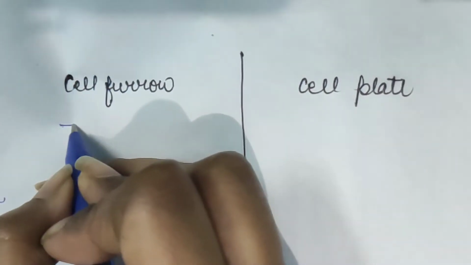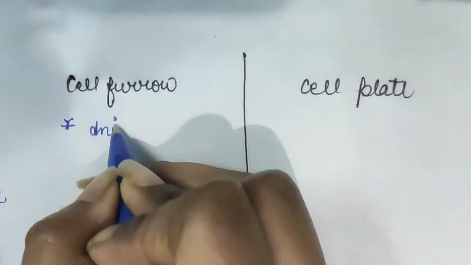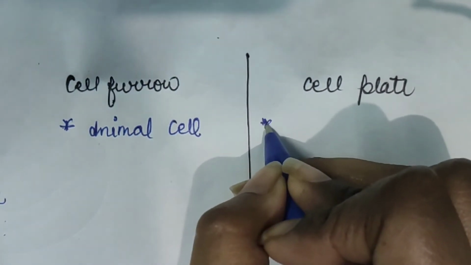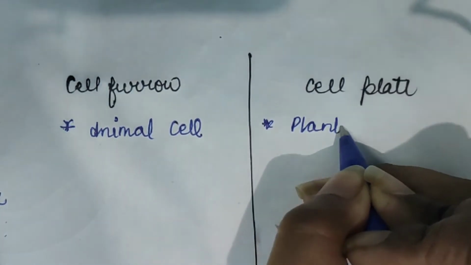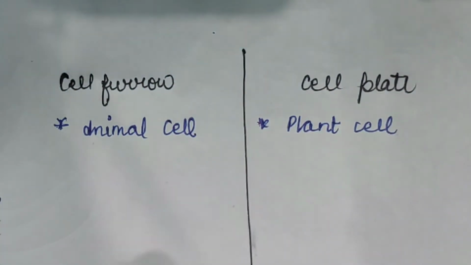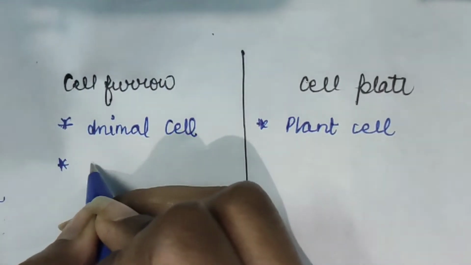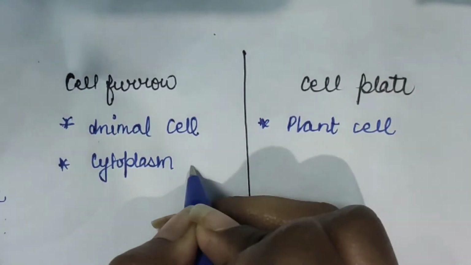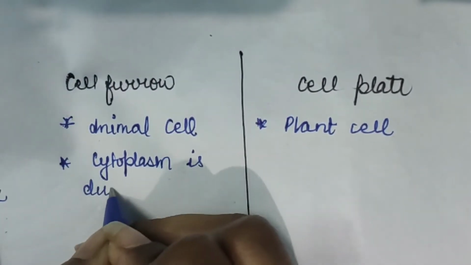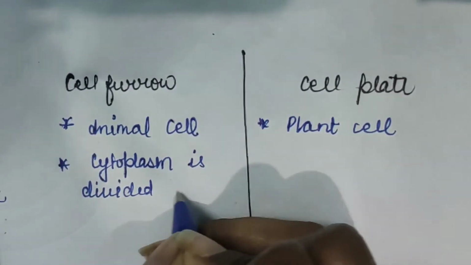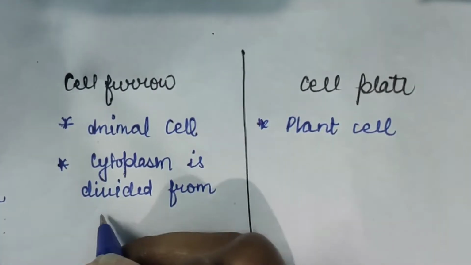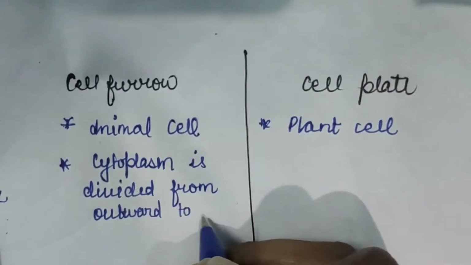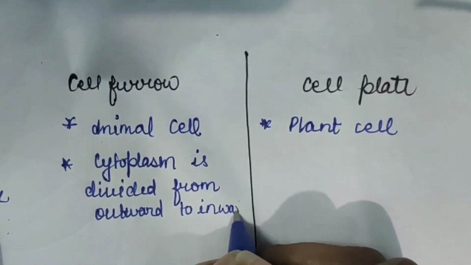Now the first point, it occurs in animal cell. Here it occurs in plant cell. Second one, in cell furrow method, cytoplasm is divided from outward to inward.